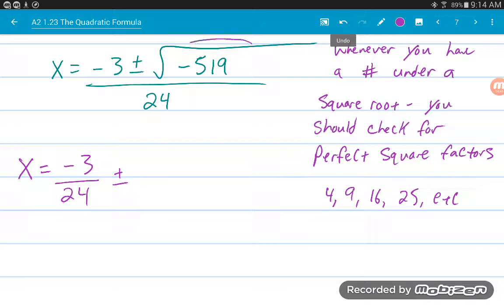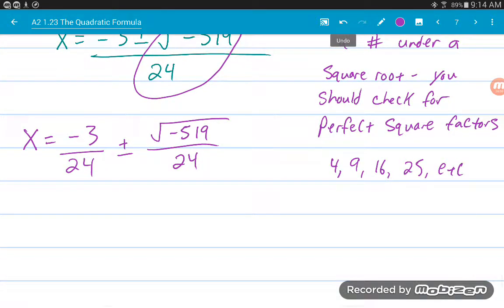Now the same denominator, but the other term in the numerator, the square root of negative 519 over 24. And I can just simplify this.